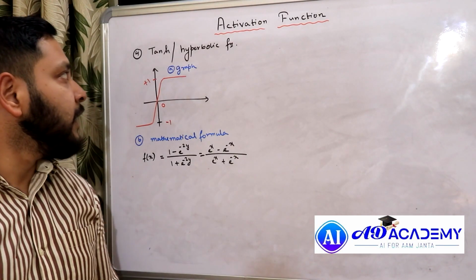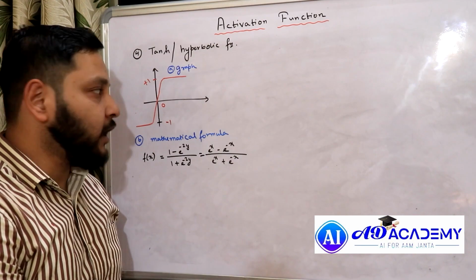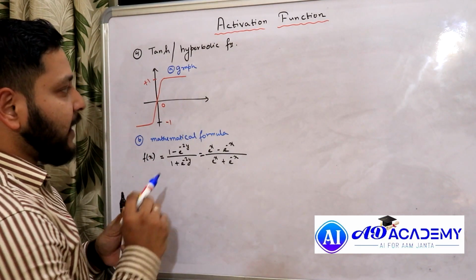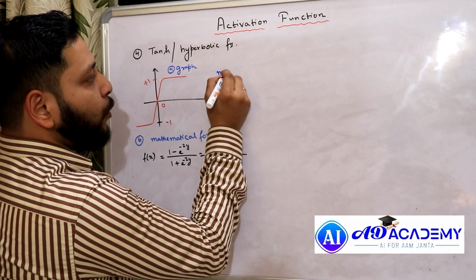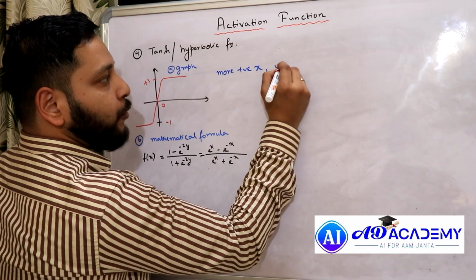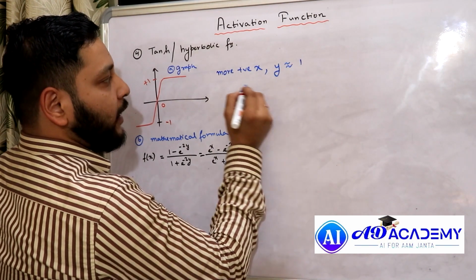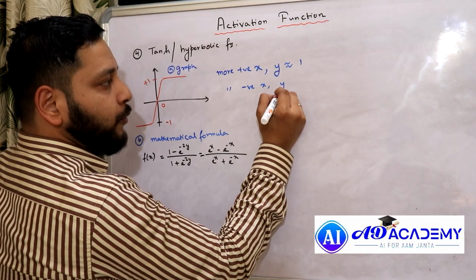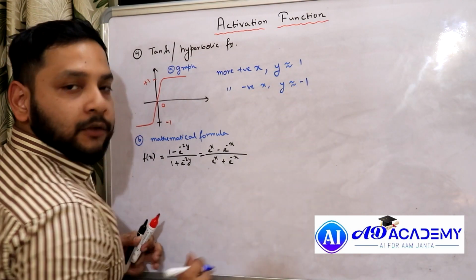Next one is tanh or hyperbolic function. This is the graph of this function, which states that for more positive values of x, output will be nearly equivalent to 1, or for more negative values of x, output is equivalent to -1.